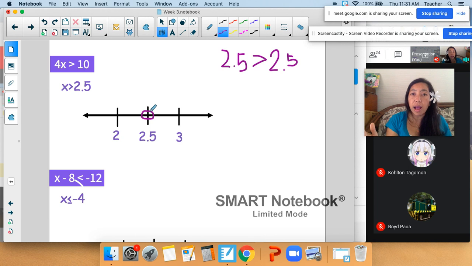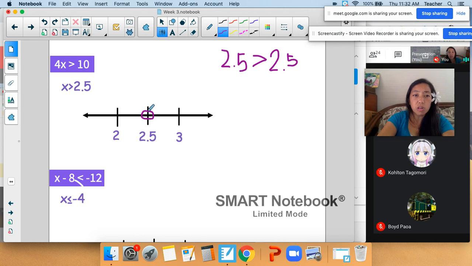A line in our graph is made up of infinite little points that are all solutions. So when we put an open circle on 2.5, that communicates to everybody, it's a universal language, that 2.5 is the barrier, the middleman, but it's not part of the solution.